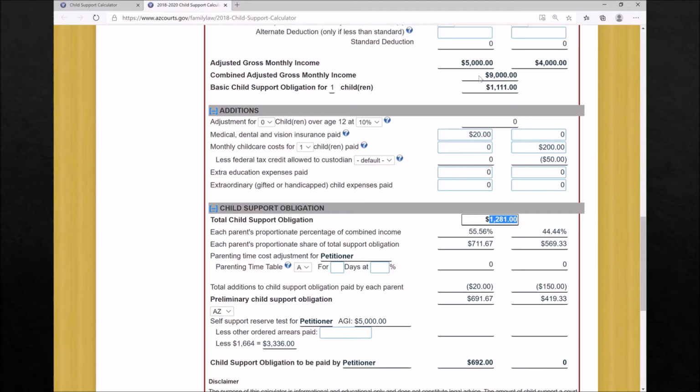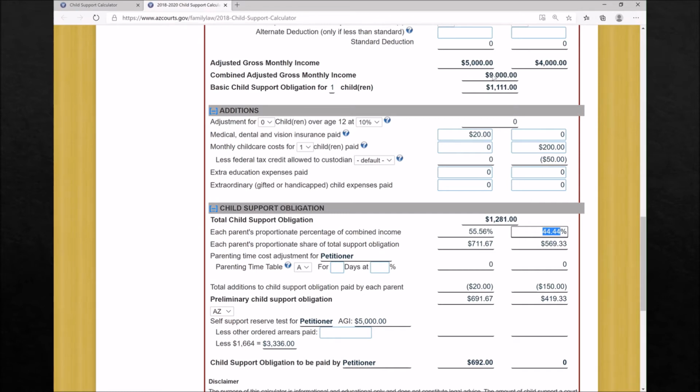Since the total income, 9,000, is made up of 5,000 from the father and 4,000 from the mother, what is done is that is used to compute the income ratio. So out of the 9,000, 55.56% is coming from the father and 44.44% is coming from the mother. When I say coming, it's not really coming from everybody.